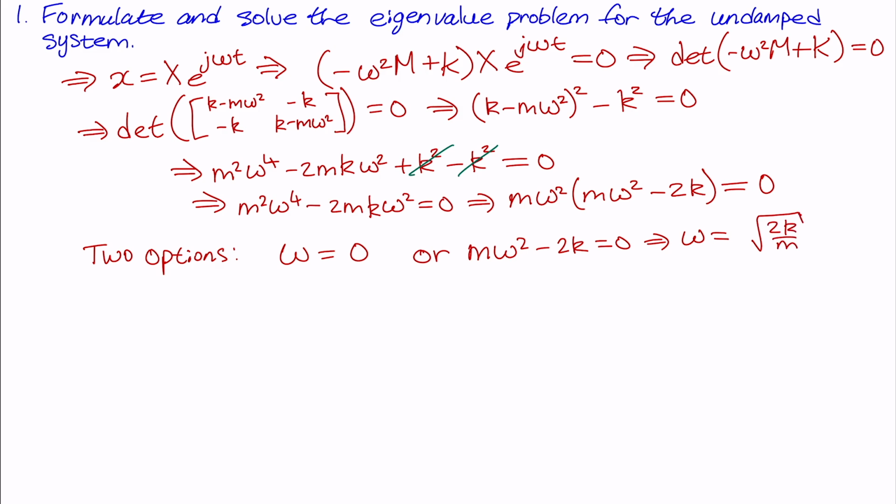We only consider the positive square root because negative frequencies do not make physical sense. So this omega equals 0 term gives rise to the rigid body mode, whereas the second quantity gives rise to a flexible mode.